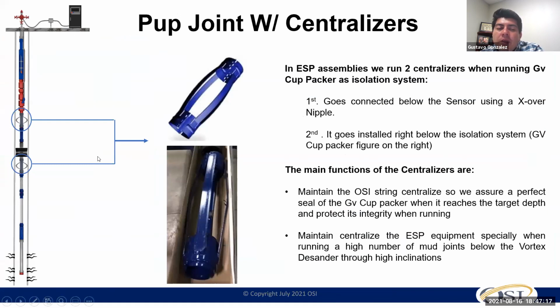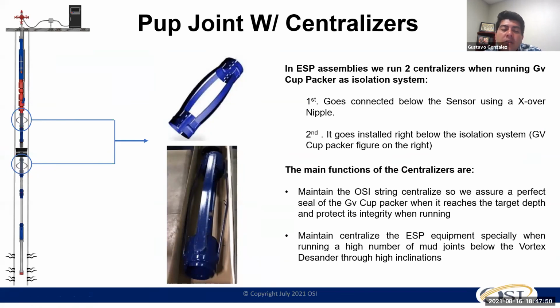Now to the second point: on the same BHA, we're going to use two different centralizers. The main reason is that when we're designing our ESPs, we don't want to be in a high dogleg or high inclination. So we want to give enough flexibility to the ESP so that whatever equipment we have below the sensor is not going to pull your ESP to one side and generate some buckling.